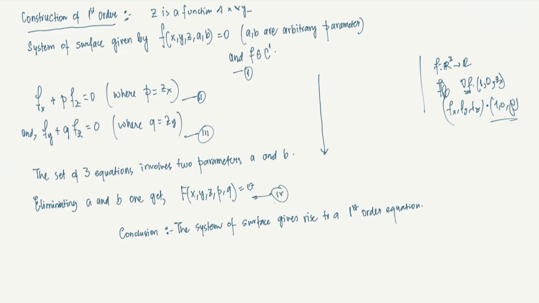If you are given a first order equation like 4, and if you somehow can solve the equation, you are going from here to here. If you do that, then you end up getting 2 arbitrary parameters, right? This particular form, the one, is called the complete solution or complete integral of 4.